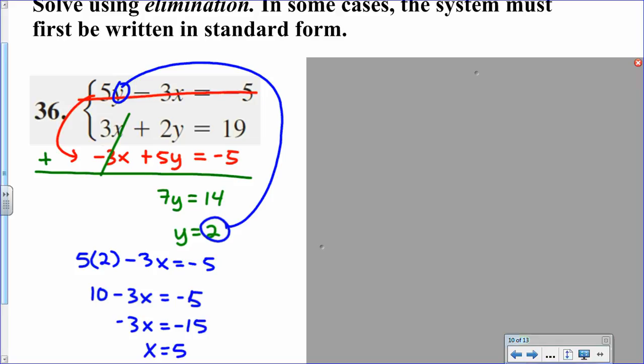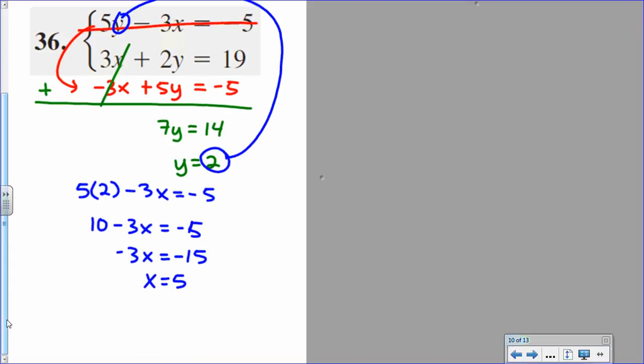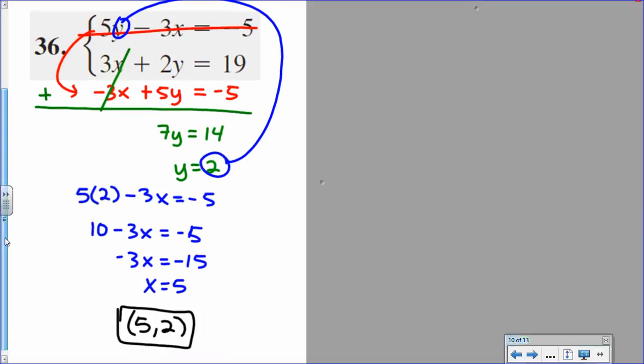So I got x equals 5. My ordered pair is 5, 2. Okay? Questions about that? All right, let's look at one more.